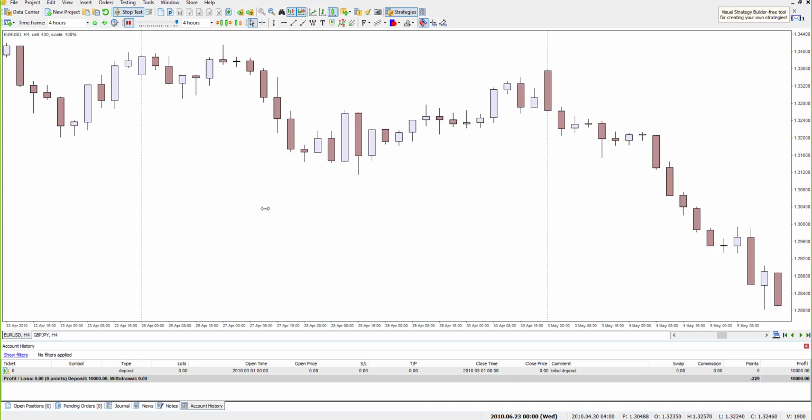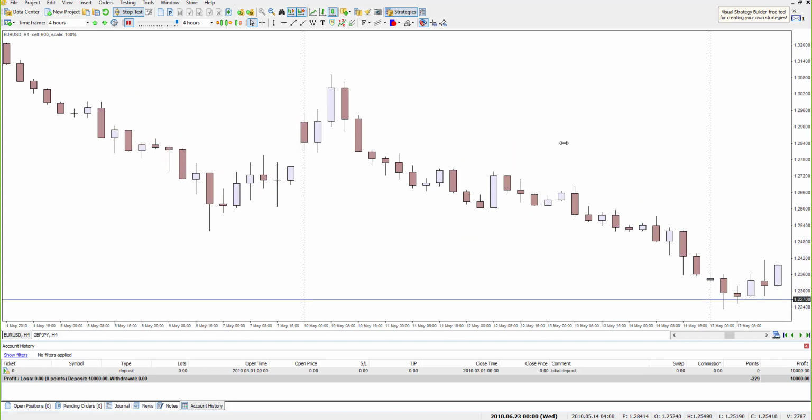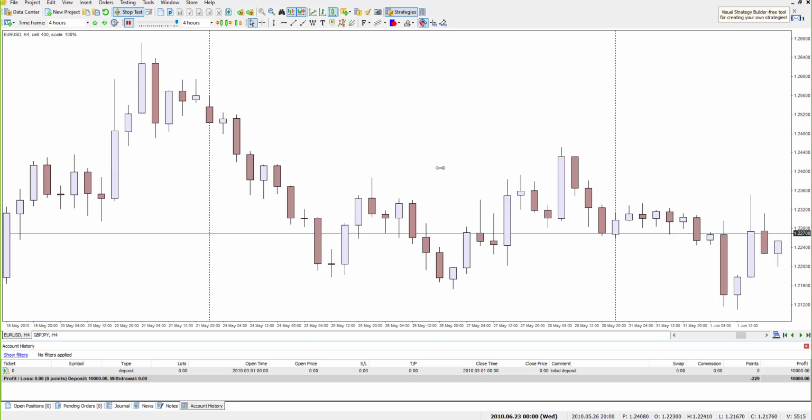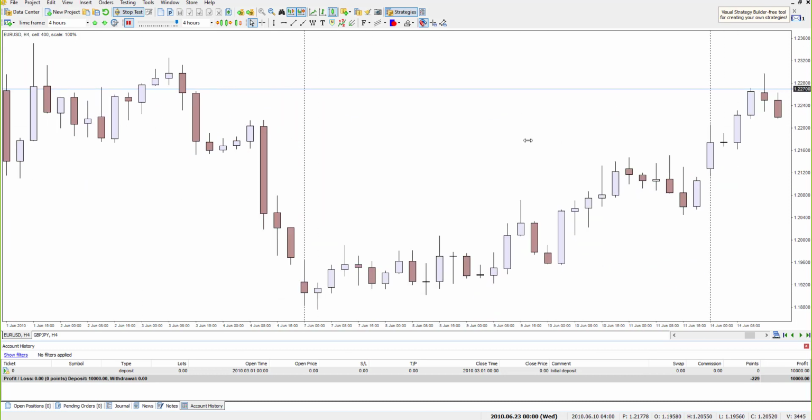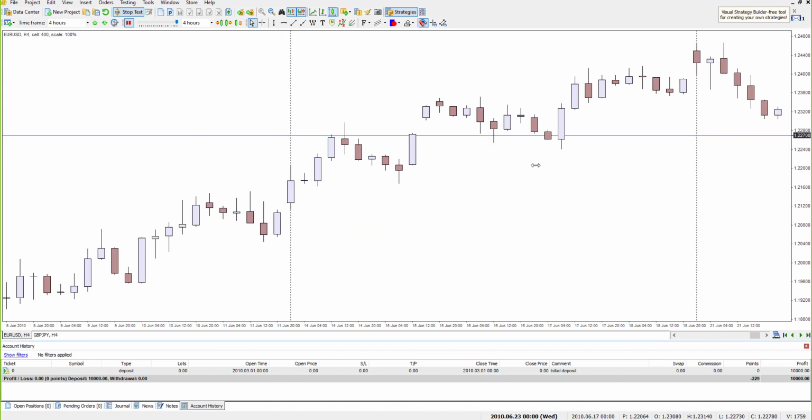Anyway, here's the dirty little secret with those. I found those to be largely trend continuation patterns. So if I'm in a strong trend and I see one of these dojis, I actually consider them not to be reversals, but trend continuation, which I know is a weird thing.